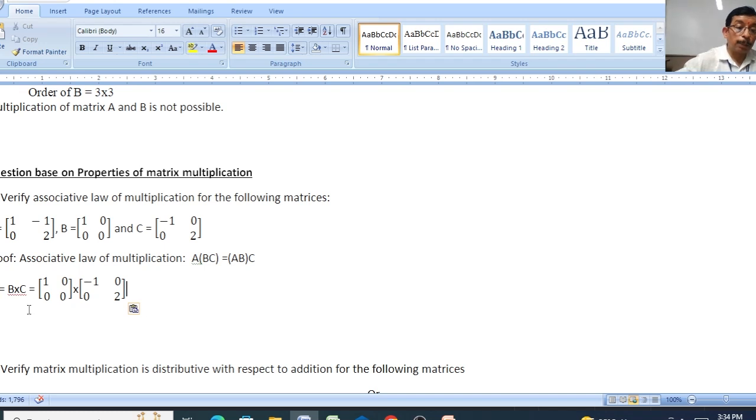Now we multiply by the multiplication procedure: row is multiplied by column. The first row is multiplied by each column of the second matrix one by one.